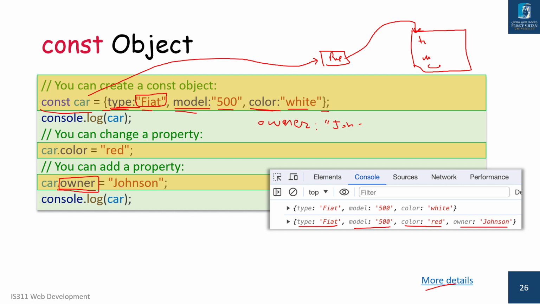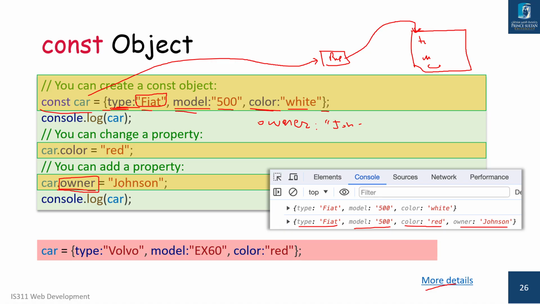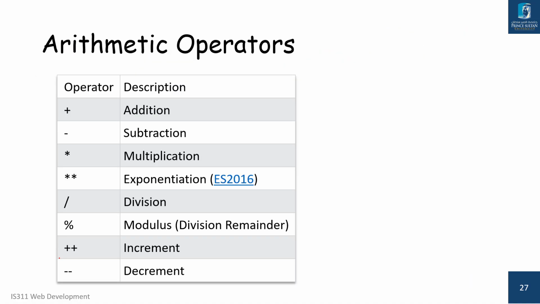But yes, at runtime we can create new variables, or new key value pairs, inside our object. Okay, if we try to assign a different object to that one, because we have defined it as a constant, we cannot assign it to a new object. So we have to create maybe a car one to define it, but we cannot define it like that.